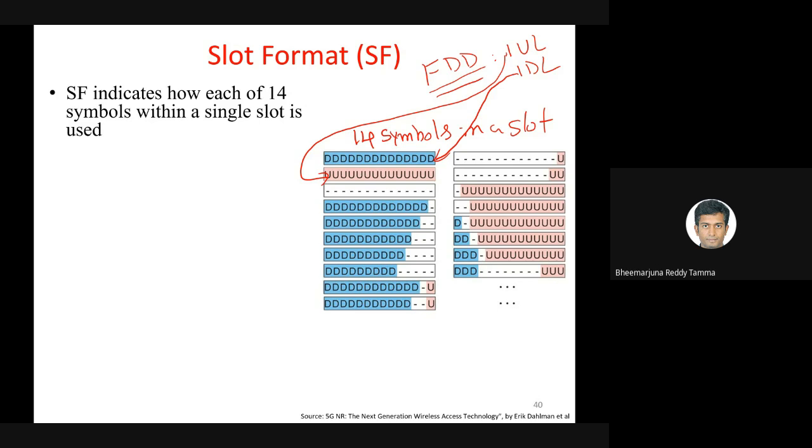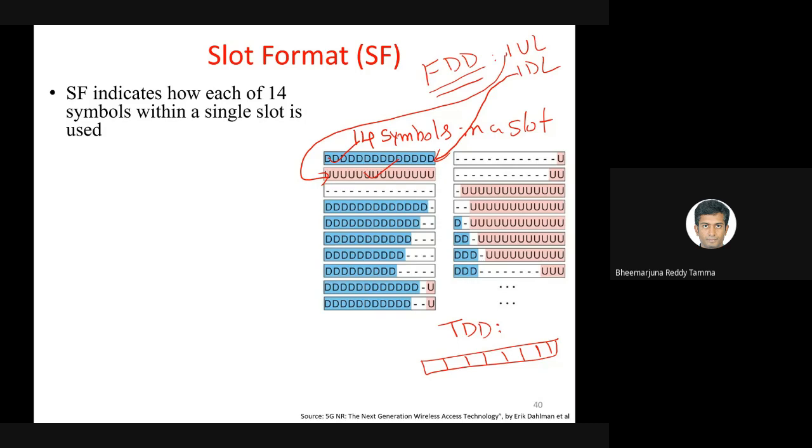But all the different configurations that you see here in this illustration, except the top two, are the ones quite interesting for TDD. Having said that, even in the case of TDD, I can use this configuration and this configuration. Nobody prevents a base station that has one channel bandwidth from using all the symbols. Again, I'm confusing between slots and symbols. I will come to the slot level in the next slide.